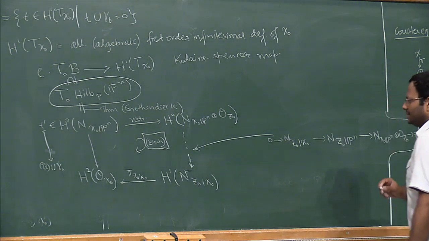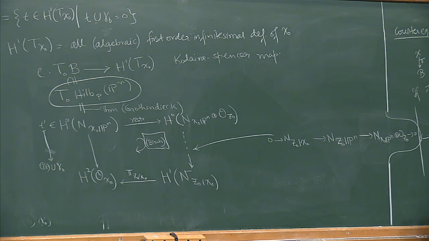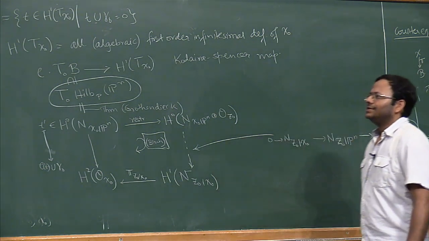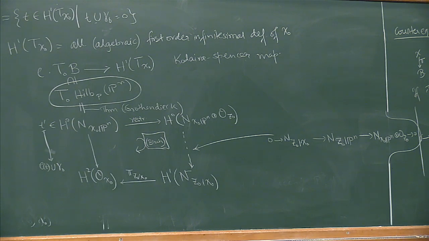Now, what do I want to say? Maybe I work out that example. Do I want to work out that? Yeah. So, now let us look at surfaces in P3, very concrete case.